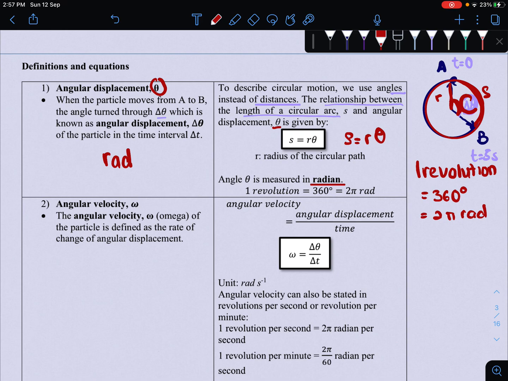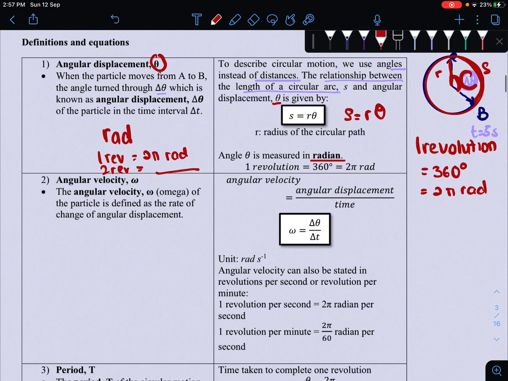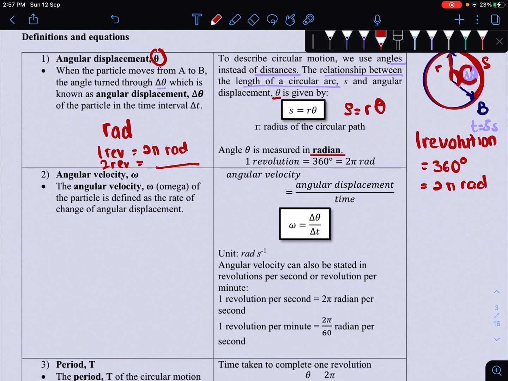So if in the question it says an object has moved 2 revolutions, you have to convert it to radian. 1 revolution is equal to 2 pi. So if it makes 2 revolutions, how many radians is that? So you have to convert the unit. Okay, so remember the SI unit that we use for angular displacement is radian. However, it can also be used or stated as revolution or degree. So this is the relationship for you to convert the unit.